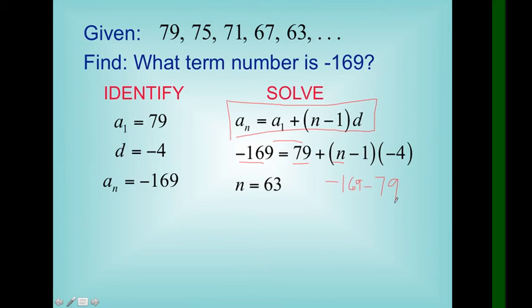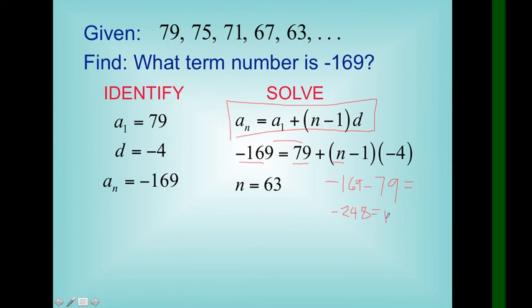Then, what is negative 169 minus 79? Since they have the same sign, we will add the two. So we have negative 248. That's the answer here. Which is equal to n minus 1.